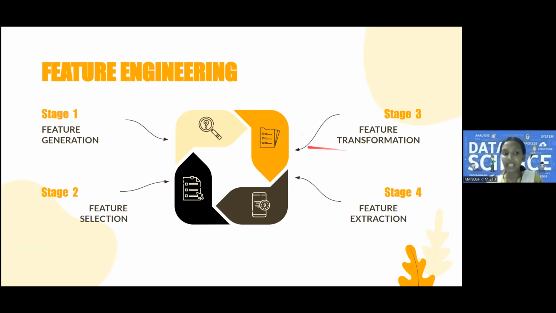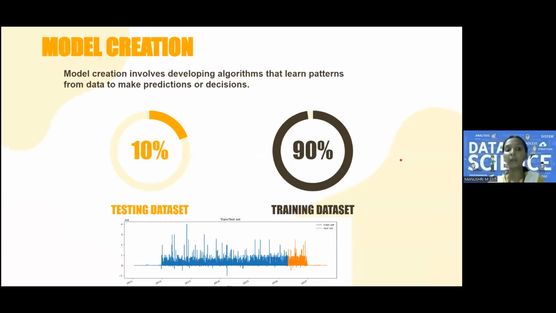We'll select which shape of the potato suits the chip well, and then transform it by cutting it into slices. Then with feature extraction, we complete the process of making a complete potato chip. These are all the various stages we undergo through the entire feature engineering.